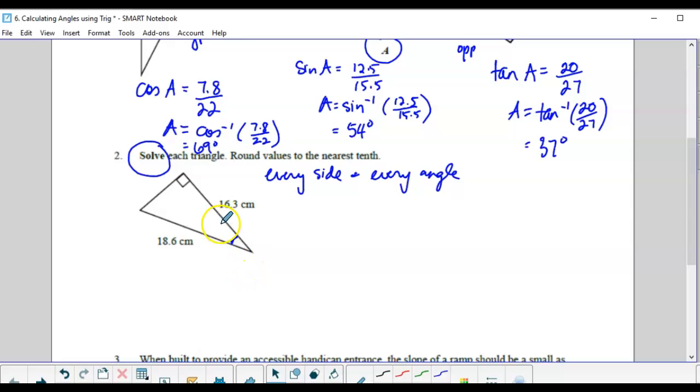I'm going to call it angle X, capital X. This side is the hypotenuse and this is adjacent. So I'm going to use cosine. So cos of X equals adjacent over hypotenuse. So X equals cos inverse 16.3 over 18.6.